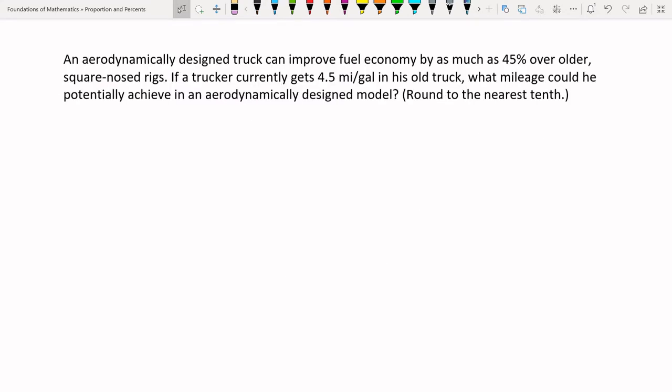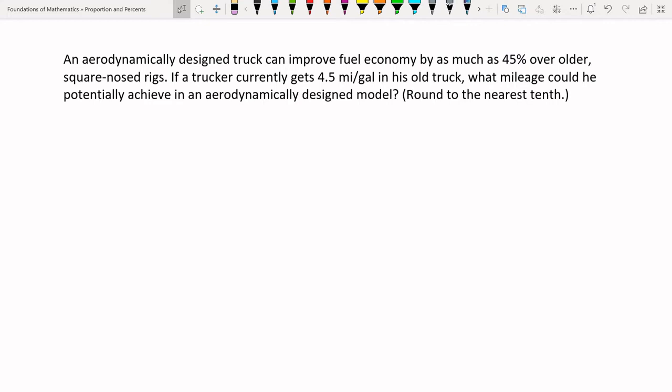Here we have a truck design that can improve fuel economy by as much as over 45% over older square nose rigs. So the aerodynamically designed truck can get better gas mileage. If a trucker currently gets 4.5, what mileage could he potentially achieve in the aerodynamically designed model?